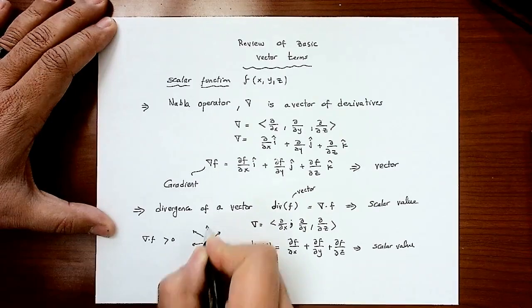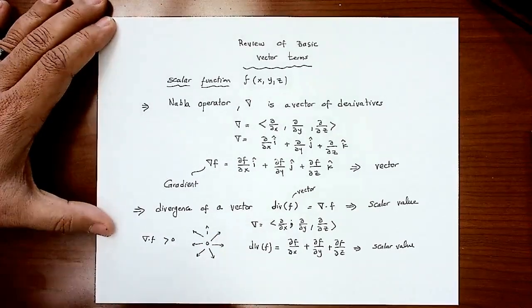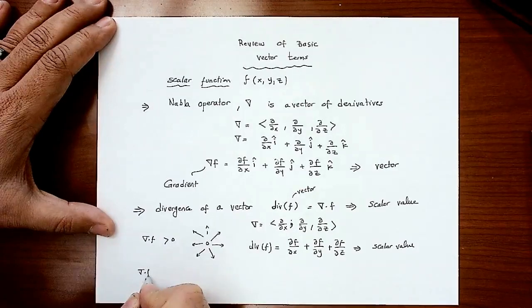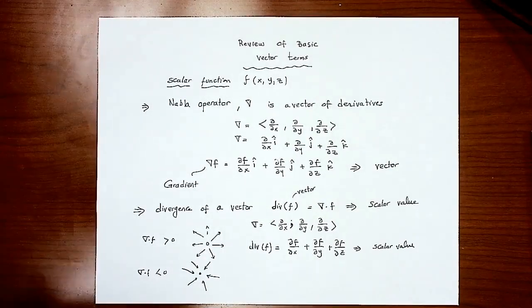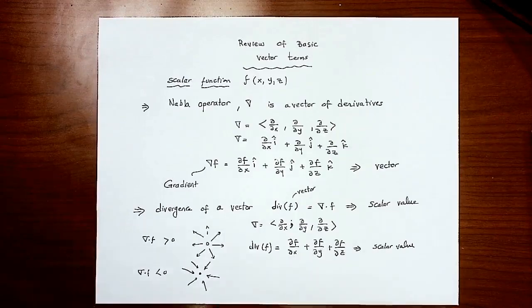If the divergence is negative, it's telling me that the fluid is sinking into a specific location.